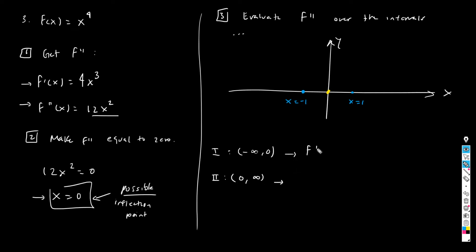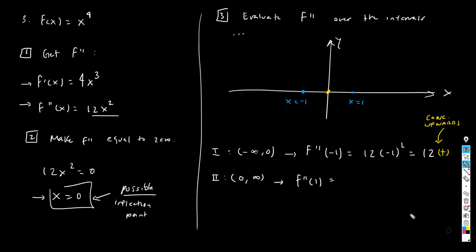Let's evaluate the second derivative at my chosen numbers. The second derivative is this, right? So you get 12 times minus 1 squared, which is 12, which is positive. And that means concavity upwards.